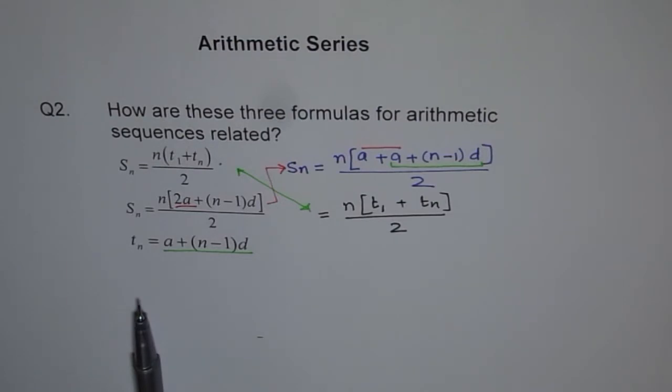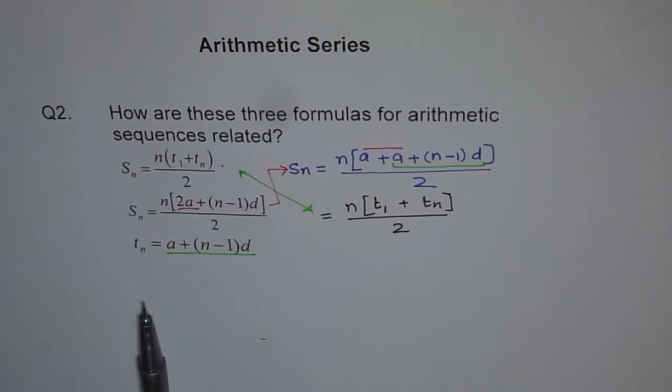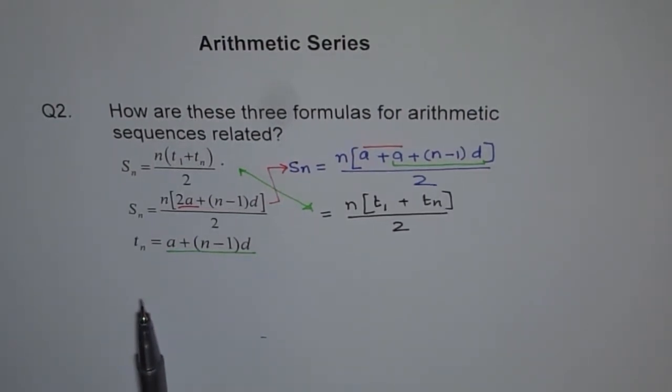Probably these three questions are answered here in question number 2. If not, watch the video again, okay? And if you have doubts, put your comments. Before moving on with arithmetic series, it is most important for you to understand your basic formulas, without which you can't do any question. So understand this and then move on to the set of questions.